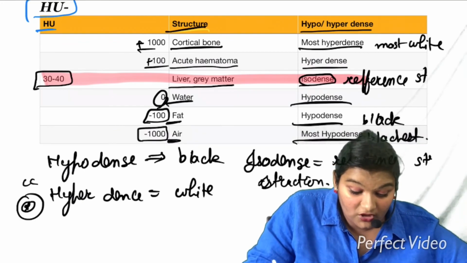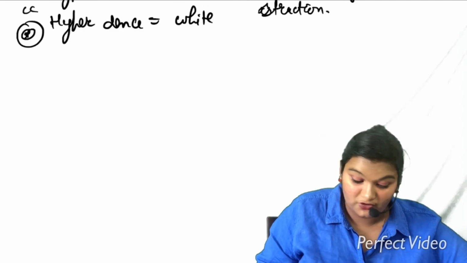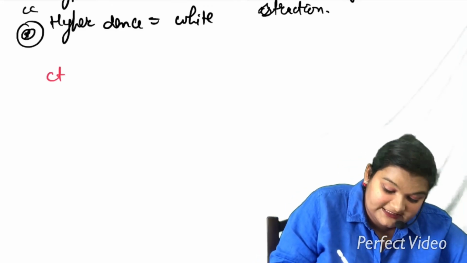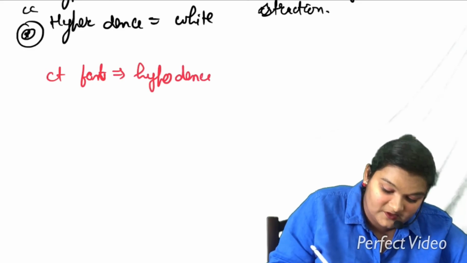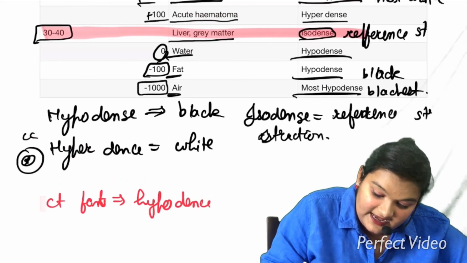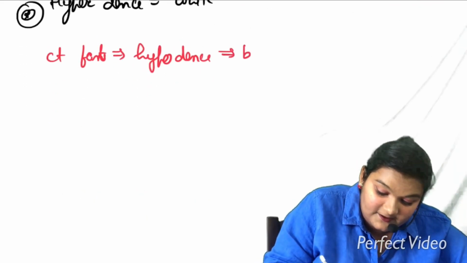Right? I want you to learn one more thing which is very important from the MCQ point of view: on CT scan the fat is hypodense, that is, it appears black.